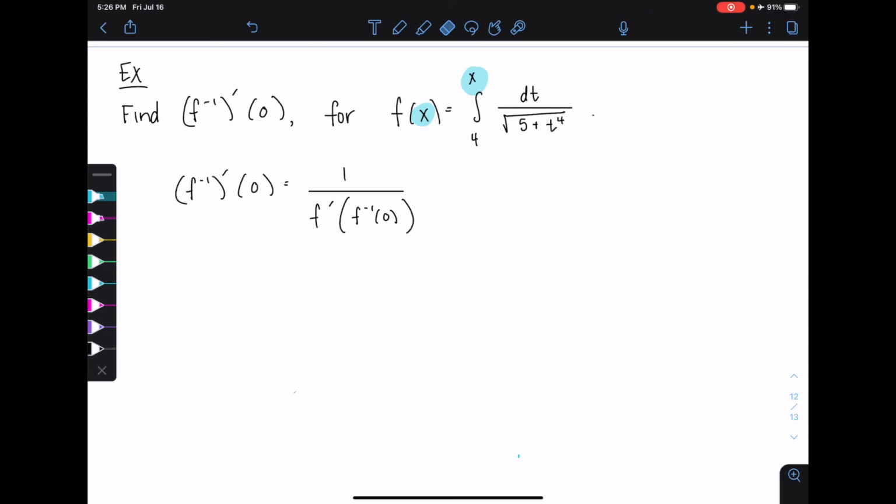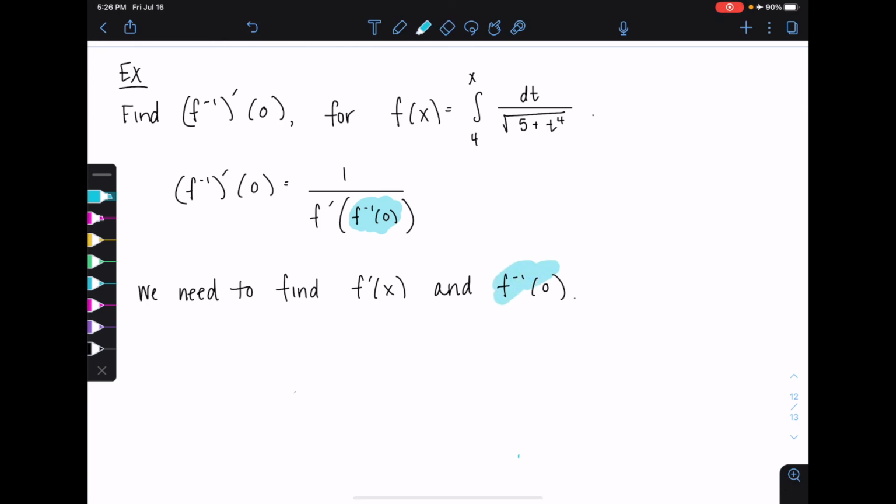So ultimately, I need to find two things to find this quantity we want. I need to find f prime, so I need to differentiate this original function. And I also need to see what is f inverse of 0. So we need to find these two quantities.